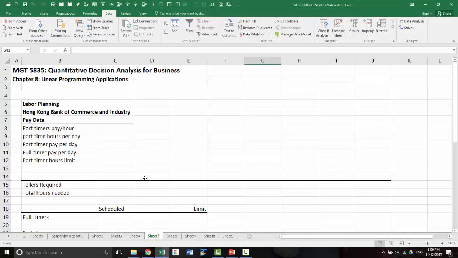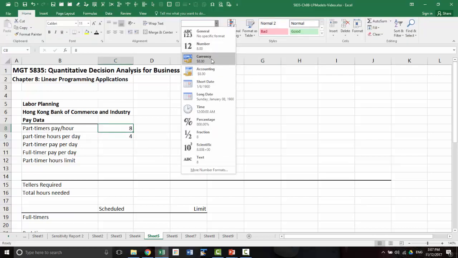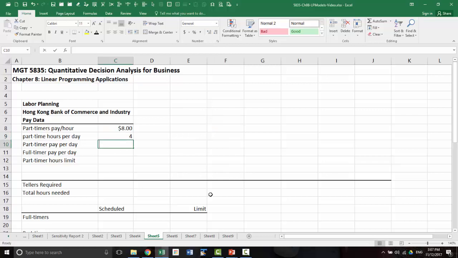Let's enter the information that is available, like part-time pay per hour, that's $8, and the number of hours they work is 4 hours. Multiplying these two will give us the part-timer pay per day, which is $8 times 4.